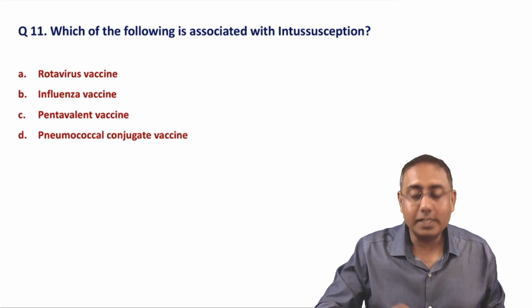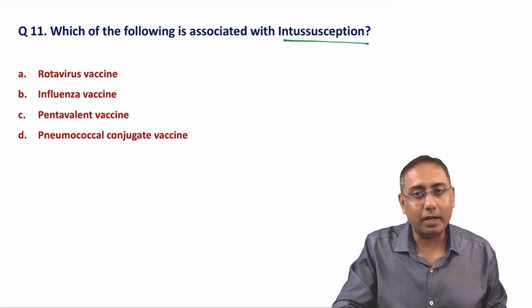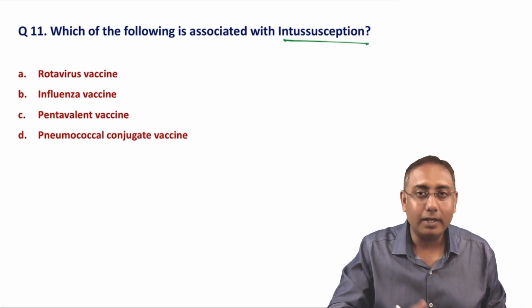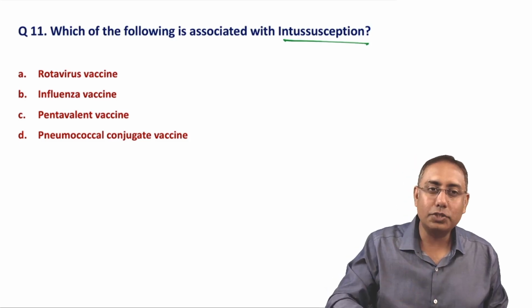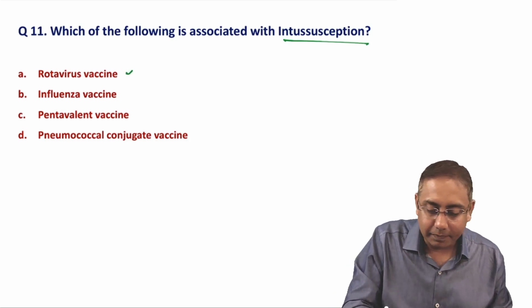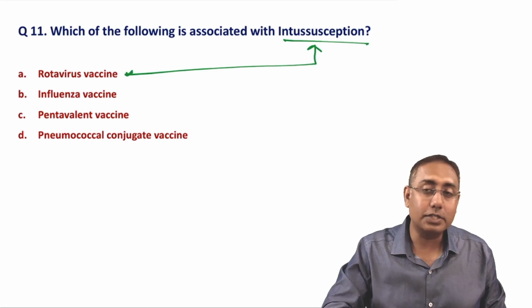Next, which of the following is associated with intussusception? We have had a couple of words on this. In fact, there is a special mention in the video module also that intussusception is strongly associated with the rotavirus vaccine. Rotavirus vaccine may lead to cases of intussusception.